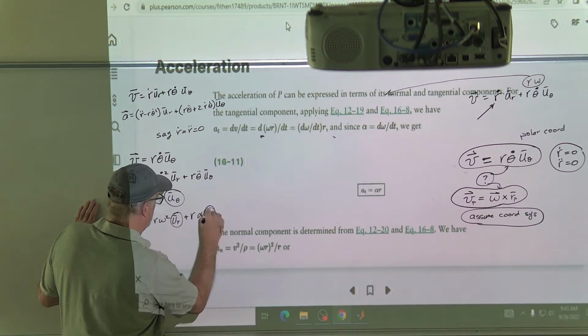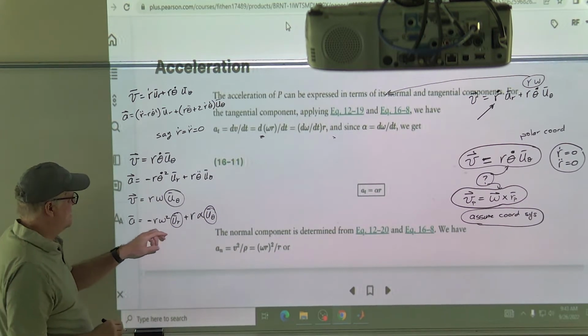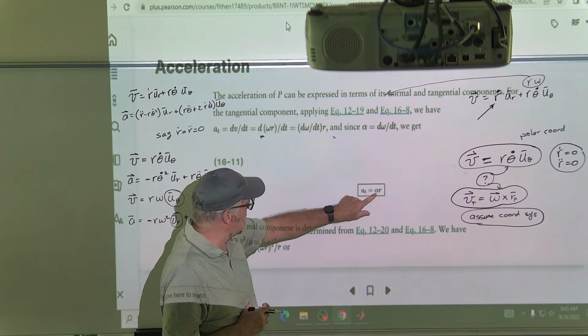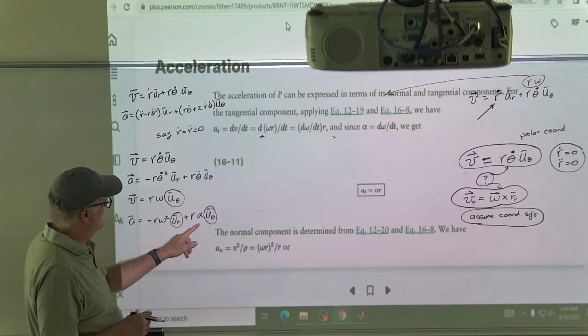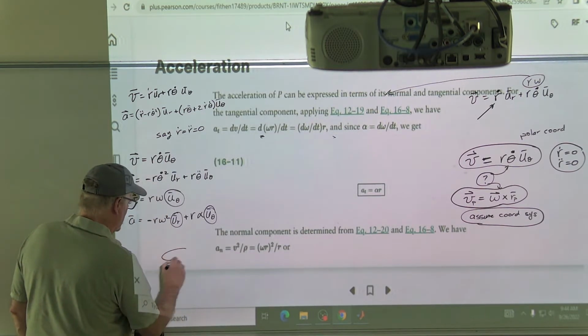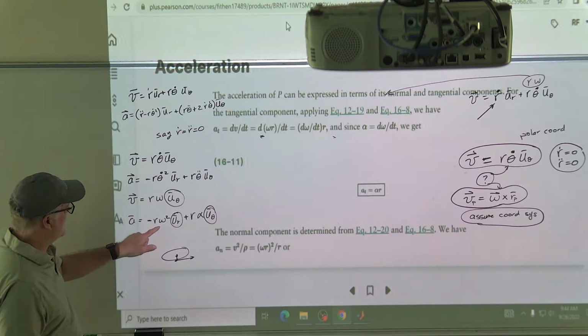Let's see if this is what he comes up with. First thing he says, the T or tangential is alpha R, or R alpha, same thing. So that is what he's calling tangential, meaning the disk is spinning, there's a tangential acceleration, and there's one normal. So the next one we have to deal with is this.